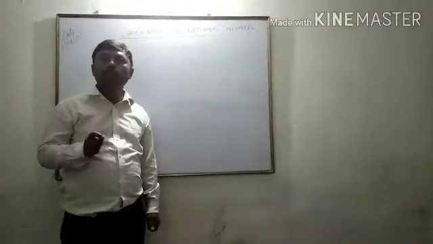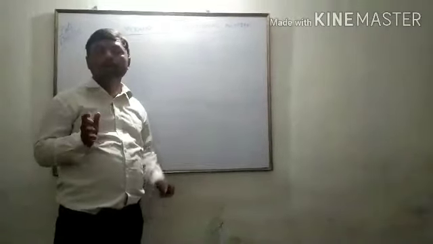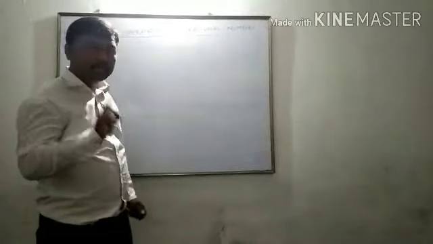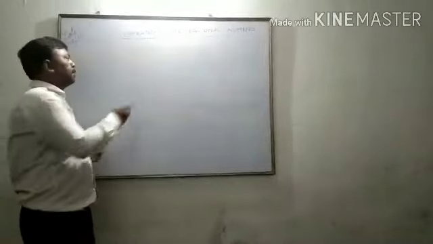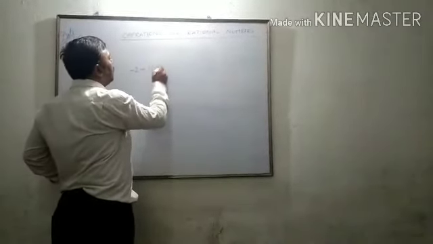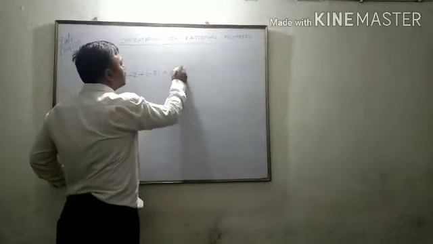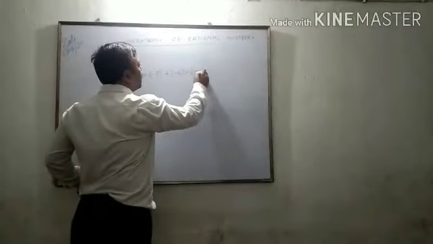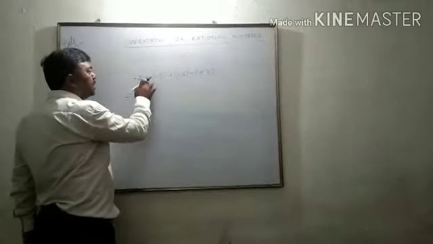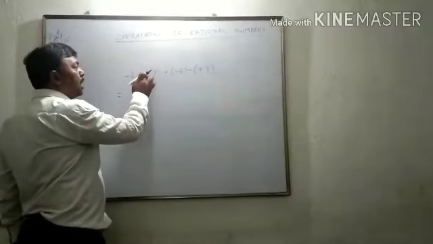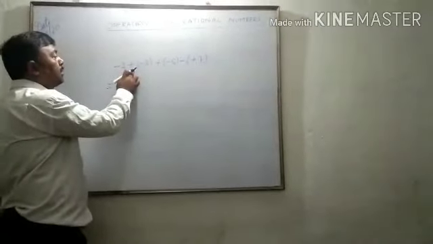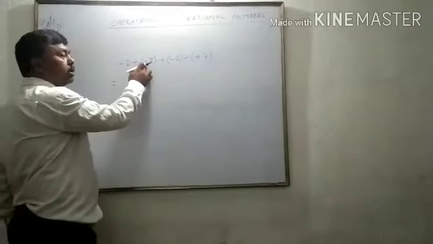Now we will solve questions which mix the addition rule and product rule. See here some examples, please carefully see. -2 plus -3 plus -6 minus +7 equals to... If a double sign is present, one in the bracket and one outside the bracket, then we will use the product rule.